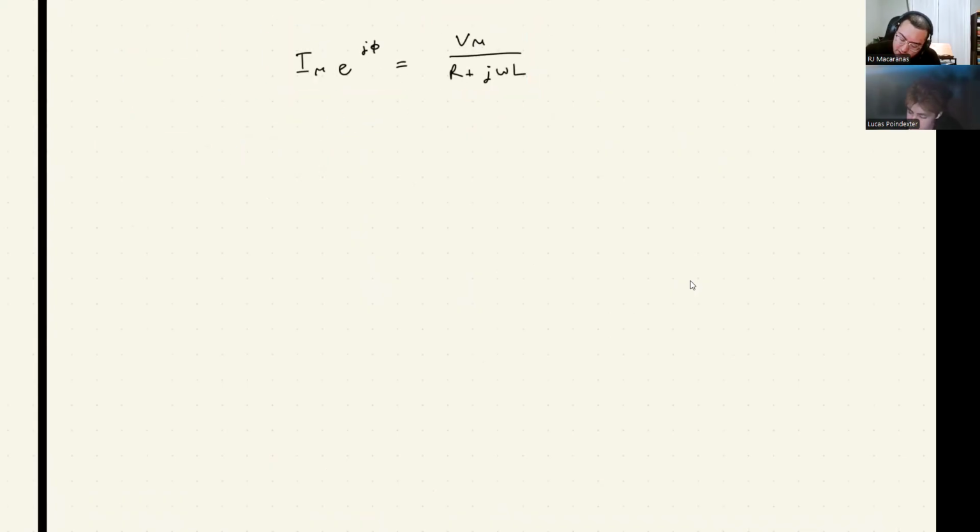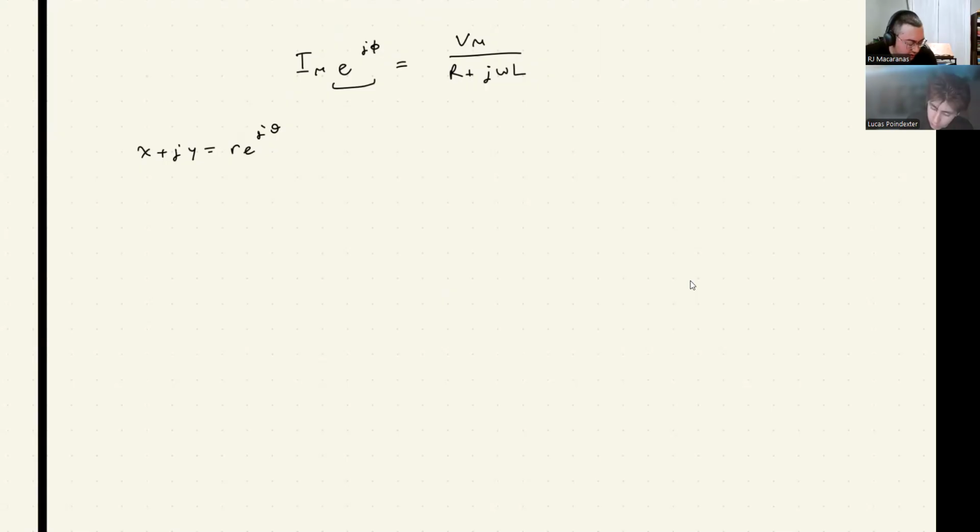We'll take this and talk about how to convert that into polar form. If you recall, if you have some kind of complex exponential here, you can convert it into polar form.